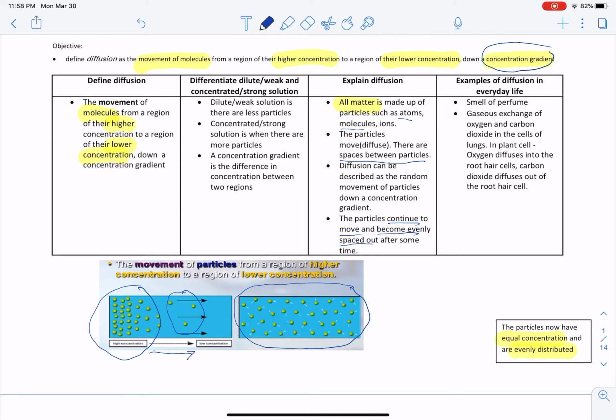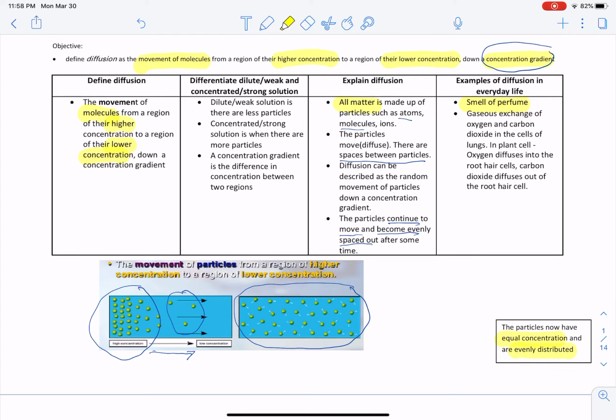Now, what is an everyday example of diffusion? Okay, this is common: the smell of perfume. Everybody, when you are spraying a bottle of perfume, where do you think is the region of higher concentration of perfume?